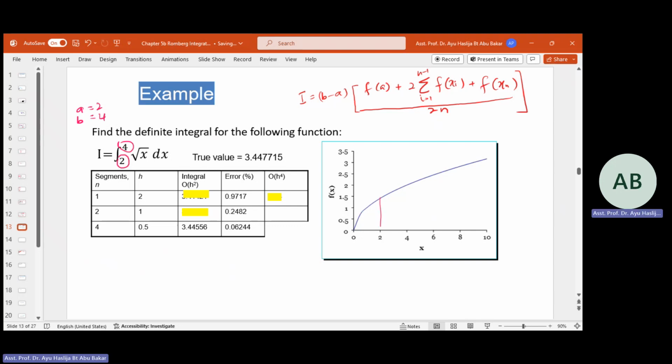So from the function over here, just this part, within this range only, A and B. The function is square root x. This is your f(x).